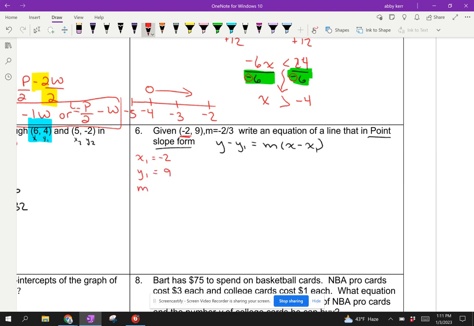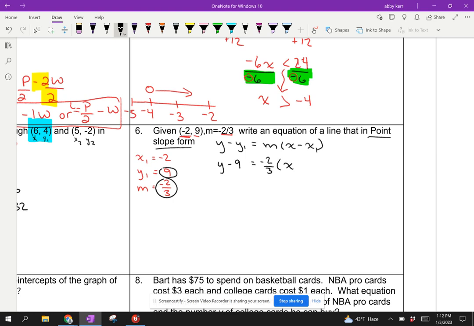And then we have our m, which is -2 over 3. So this is a different triple substitution. We are going to keep just the y by itself. And then y minus our y1, which is 9, equals our m, which is -2 over 3, parentheses x.